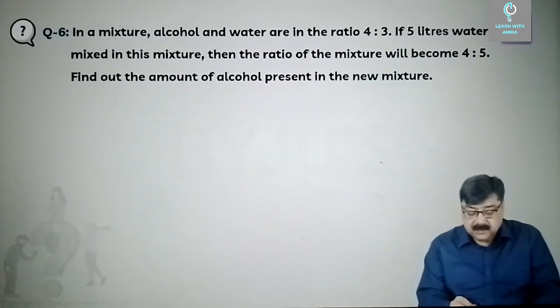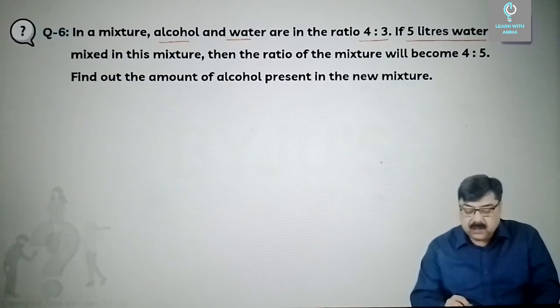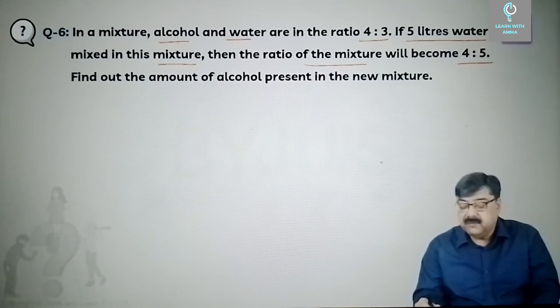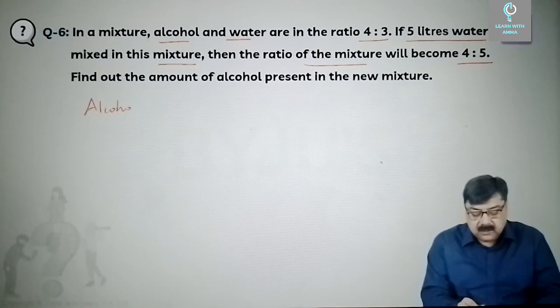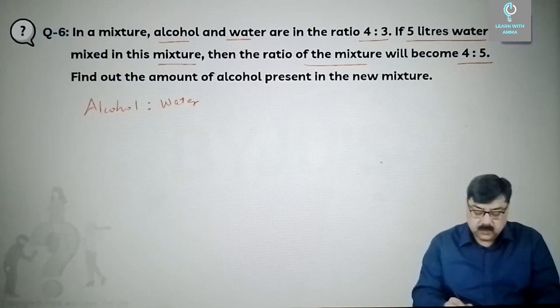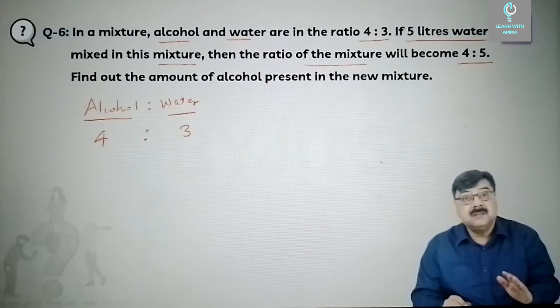In a mixture, alcohol and water are in the ratio 4:3. If 5 liters water is mixed in this mixture, then the ratio of the mixture will become 4:5. All right, let's see. So alcohol is to water. Initial ratio is 4:3. Now these are just ratio points.